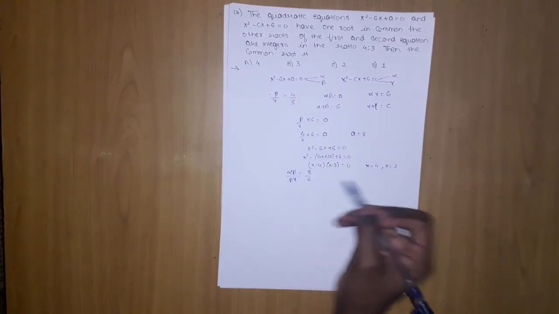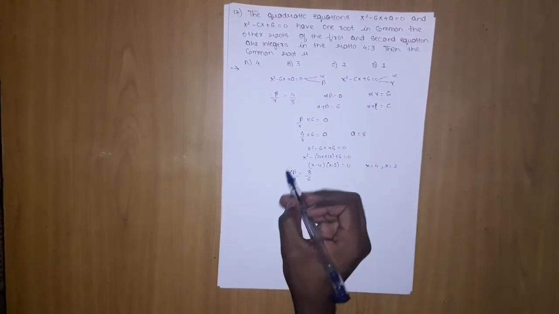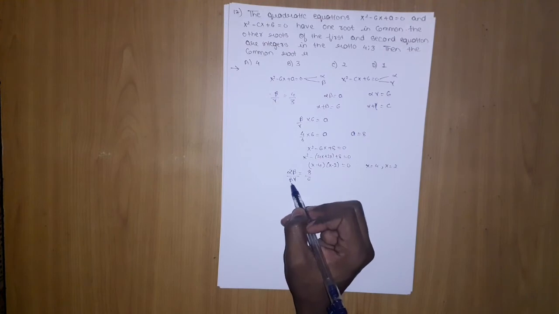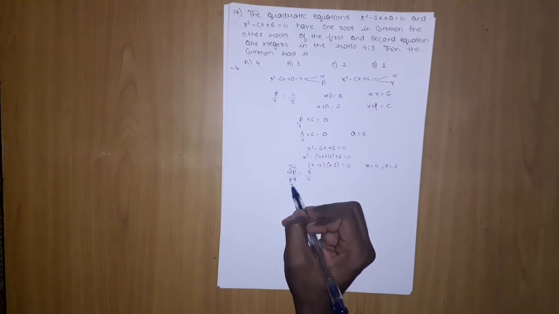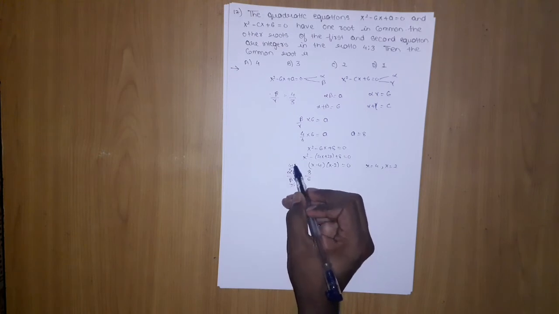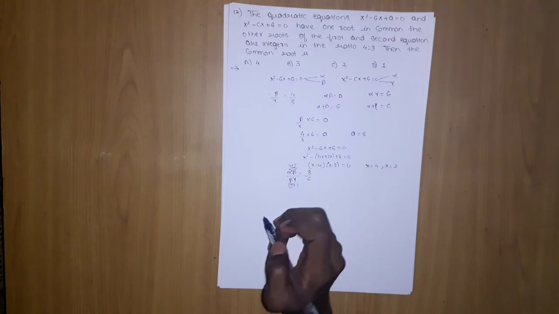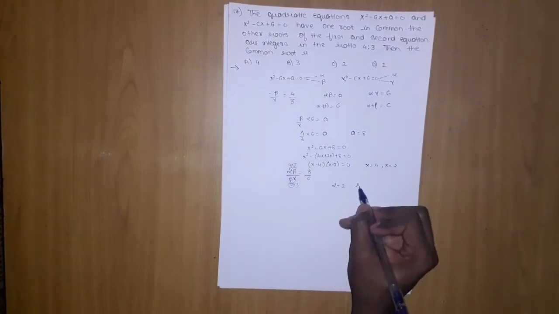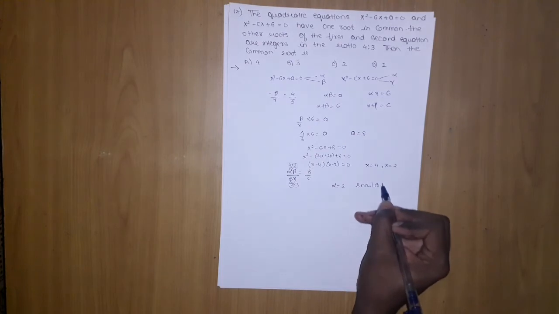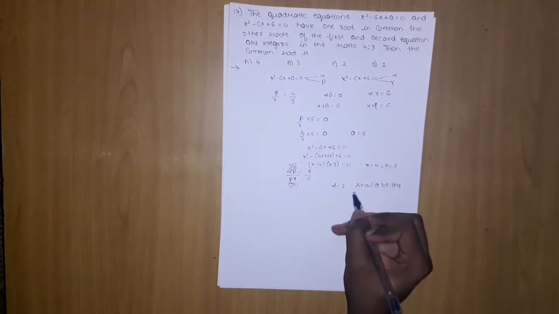Now alpha comma beta is 4, 2, and the other pair should multiply to 6. It can be 4 into 2 and this can be 2 into 3. The basic common multiple is 2 only, in integer terms. So alpha equals 2 should be the common root.